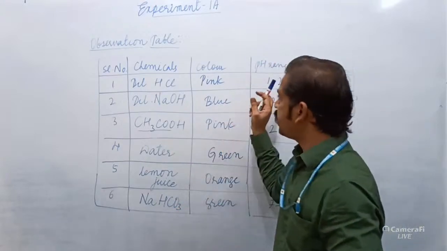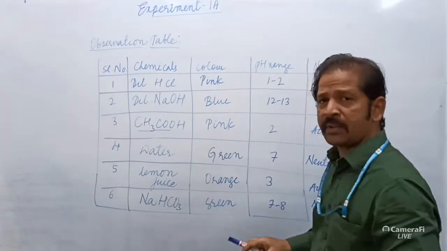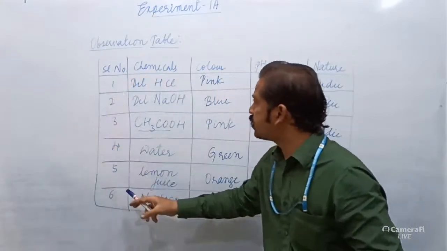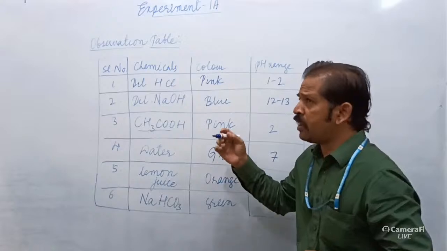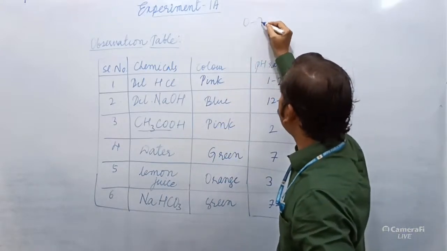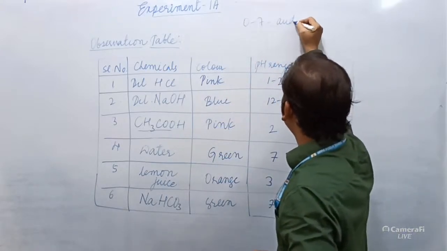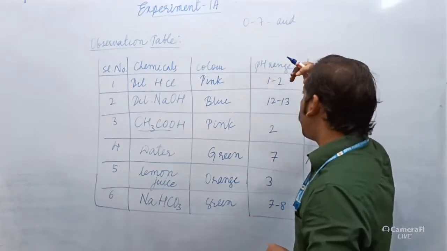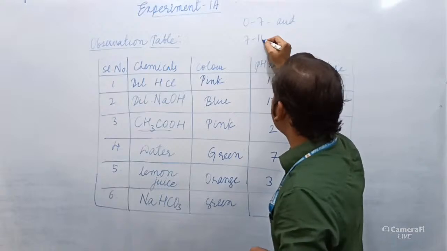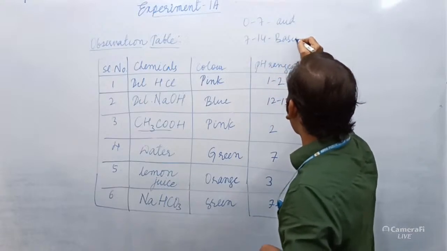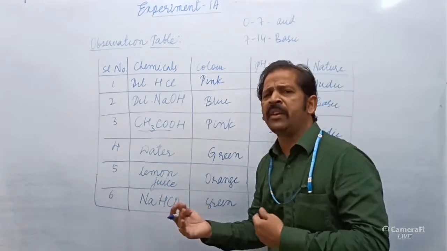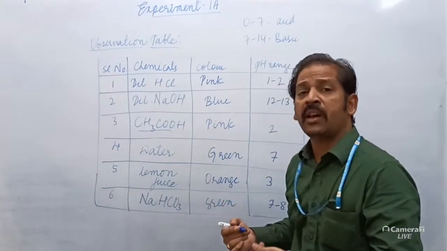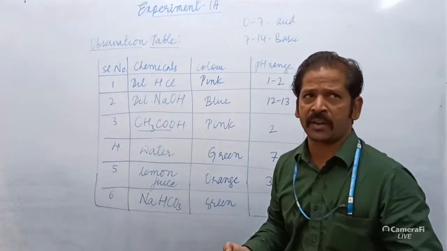It is an acid salt, but it comes near the range of 7, so I kept it as neutral only. Now what is the result? How do we identify it? 0 to 7 is acidic. The range of salts' color will be different. And 7 to 14 is basic. Usually the salt range will be a bit different. Sometimes the chemical will come in a different color and the pH value will be a bit different.